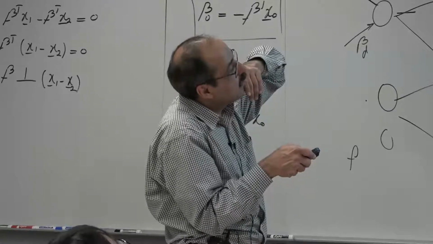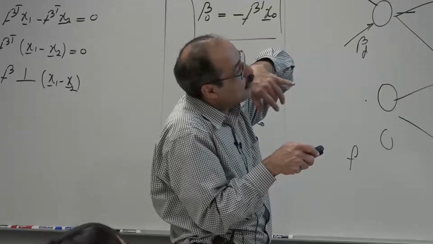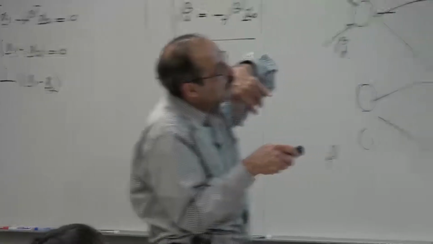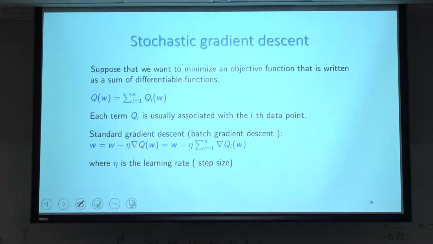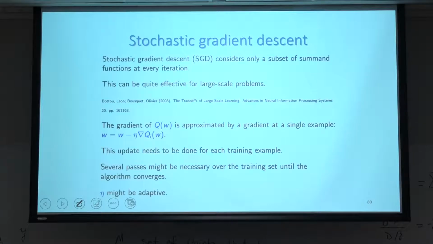That's what gradient descent is: the new W would be the old W minus a learning rate times the gradient of the cost function Q, and the cost function Q is a summation of Qi's. But in stochastic gradient descent, we don't compute this for the summation, we just compute it for a single point. So we don't have this summation, we just compute the gradient at that single point. This is called stochastic gradient descent.